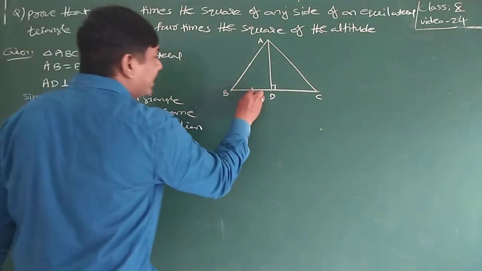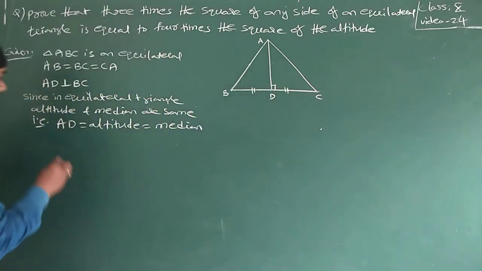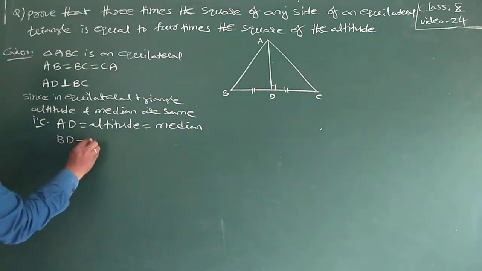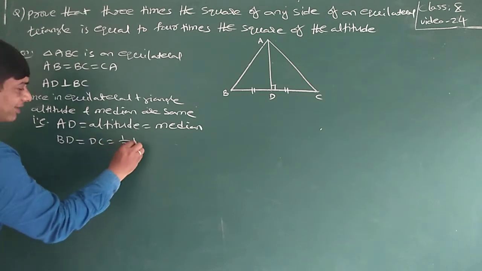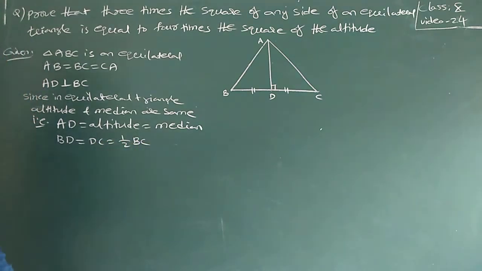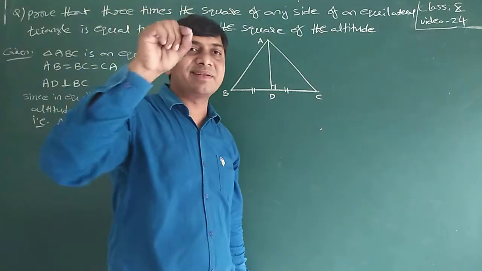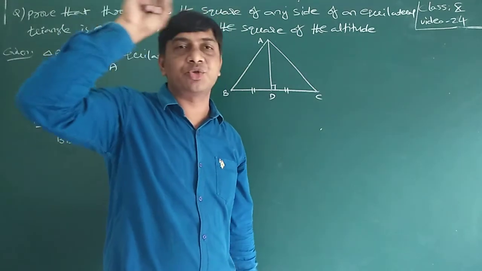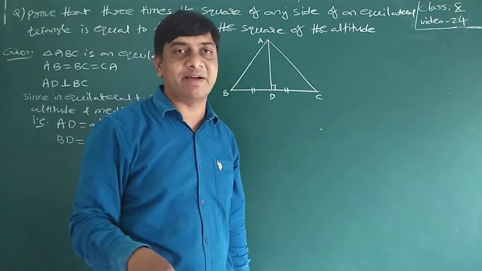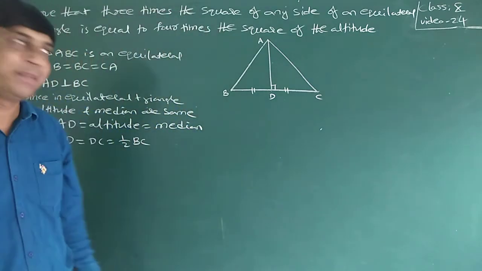That means BD is equal to DC, half of the BC. Median also. A median is a line segment drawn from a vertex to the midpoint of the opposite side of a triangle.